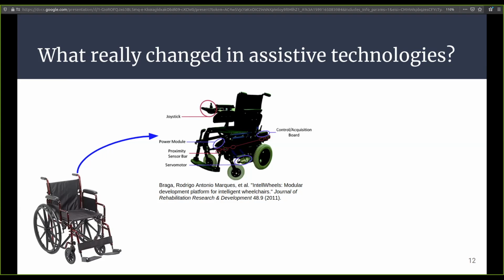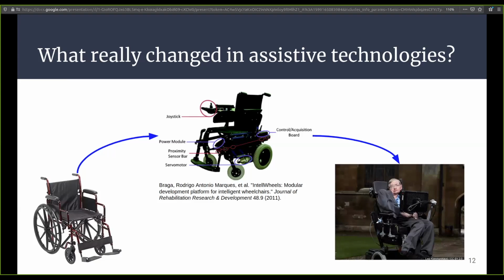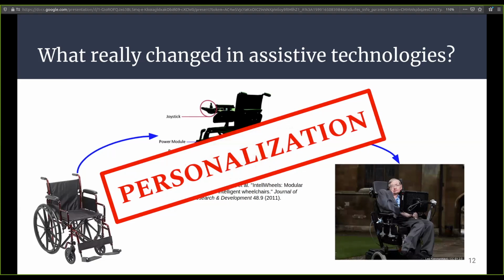And we ended up with something like that, which is for me the epitome of what an assistive device should be able to achieve. So what has really changed in between those three models is the level of personalization of the assistive device.